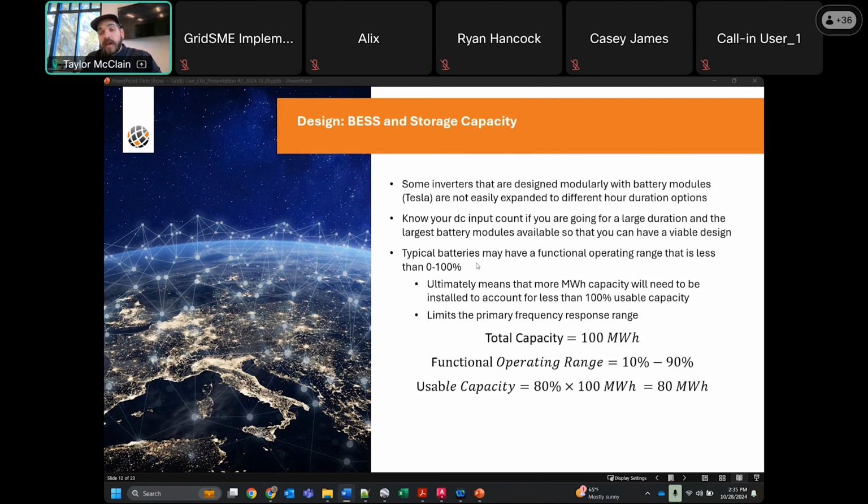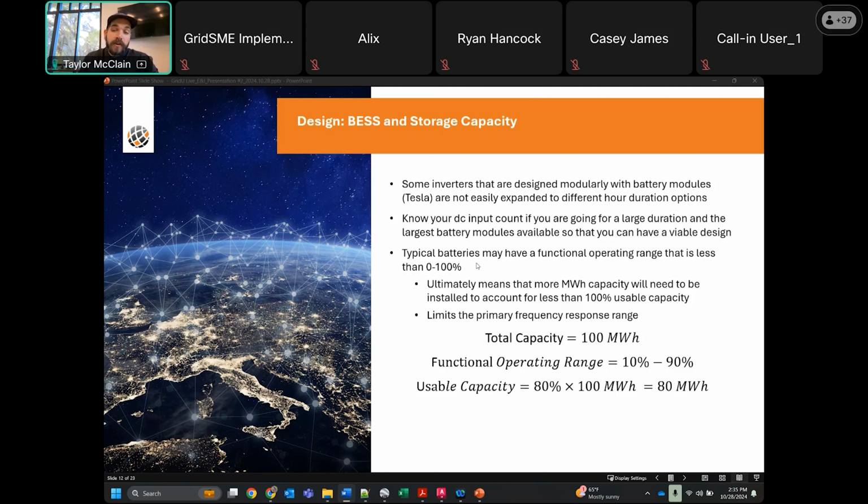Basically, you're going to need to install more megawatt hours than you're actually going to be able to use based on this limitation. An example: if you wanted a 100 megawatt hour capacity, but you have determined that you only have a functional operating range of 10 to 90%, then your usable capacity is actually 80% of that 100 megawatt hours, coming in at 80 megawatt hours.